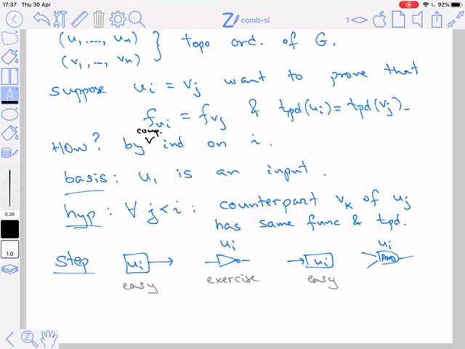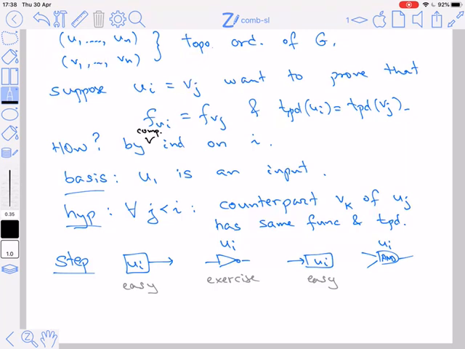Okay, so these are the two topological sortings. I execute the simulation with respect to the first one, I execute the simulation with respect to the second one, and I want to have the same outcome. So suppose that ui is a vertex that appears here, as some vj in this list.